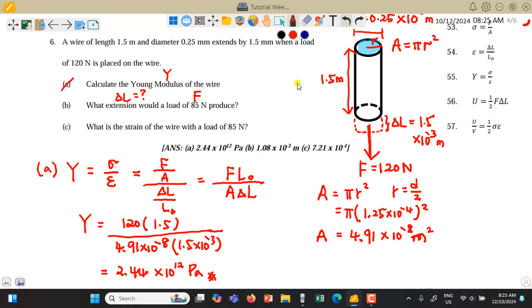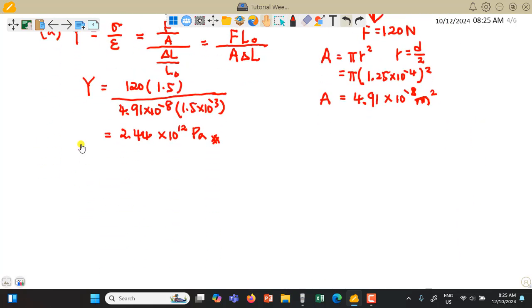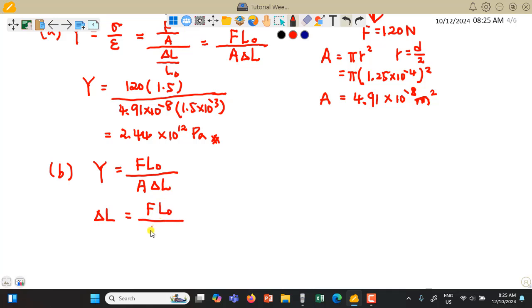For question B, we are still using the same equation. Young modulus is force times initial length, divided by cross-sectional area times extension delta L. I rearrange the equation because I want to calculate delta L. So delta L will be F L naught over area multiplied by Young modulus.